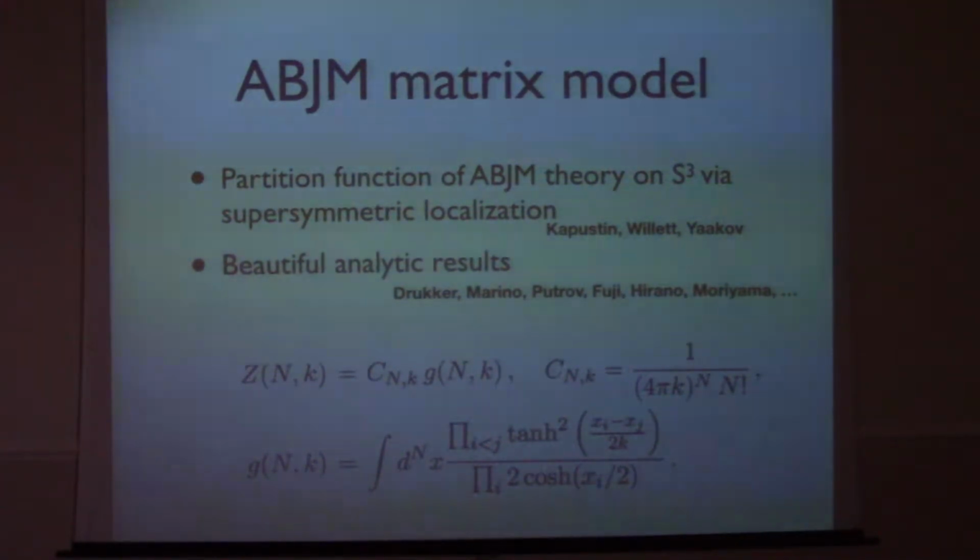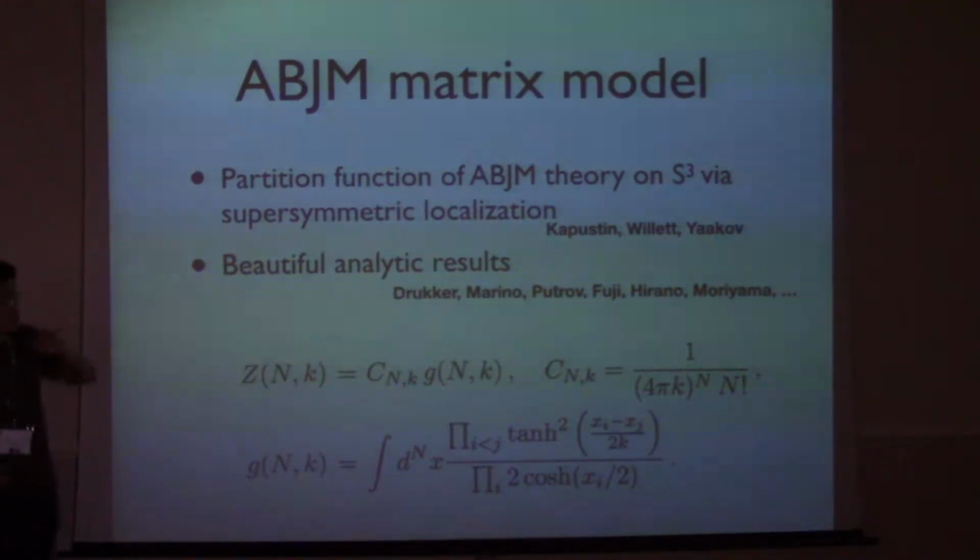This is already good enough to numerically integrate, for example, the so-called ABJM matrix model. The ABJM matrix model describes the partition function of the ABJM theory on the 3-sphere. It is just a matrix integral obtained by applying supersymmetric localization to ABJM theory.